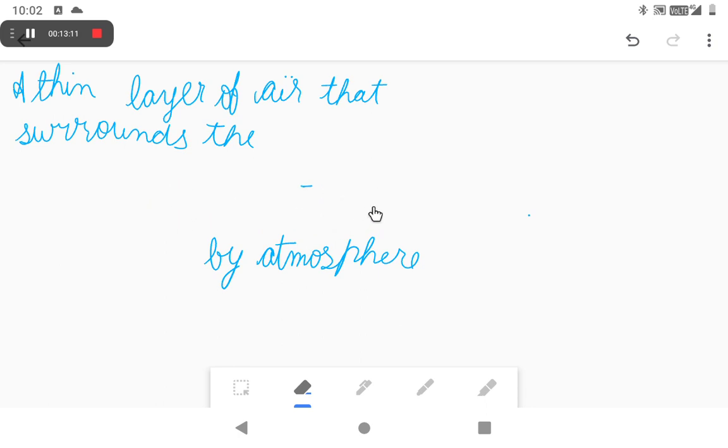So now next, the gravitational force of the earth holds the atmosphere around it. The gravitational force of the earth holds the atmosphere. So it is a simple thing that the gravitational force of the earth holds the atmosphere around it.